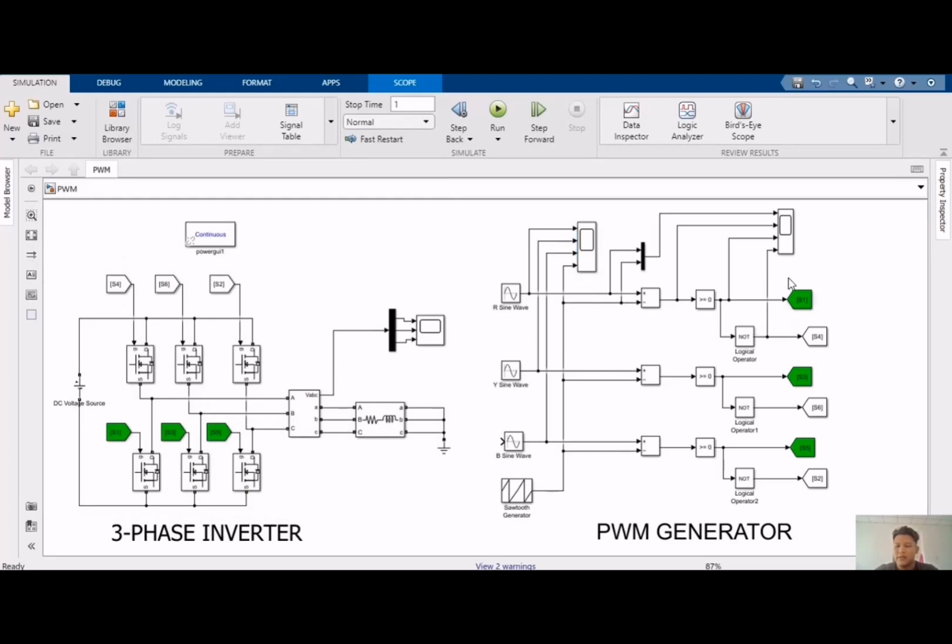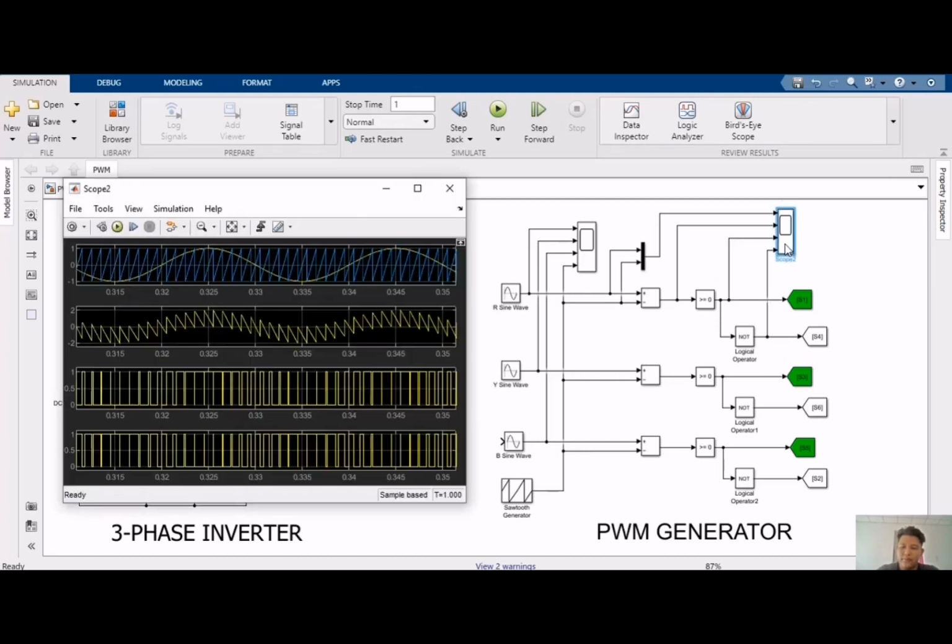After that, in the PWM generator, we use the NOT as the logical operator, and this is the output waveform that we can get from the PWM generator. As you can see here, this is the sawtooth-like waveform, and this is the sine waveform, and also this is the waveform that we can get from the PWM generator.